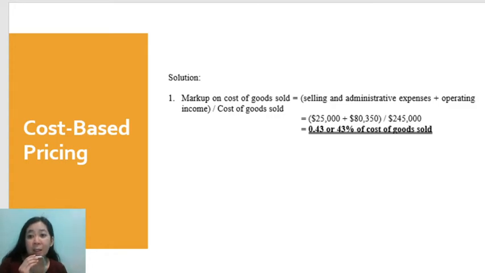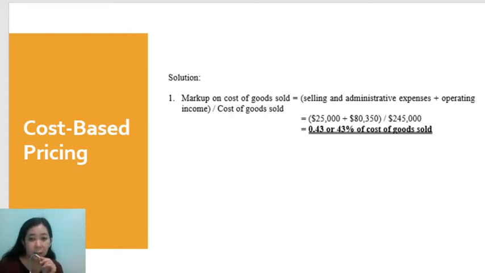So our markup on cost of goods sold is 43%. Here, our basis is cost of goods sold, so that is our 100%.